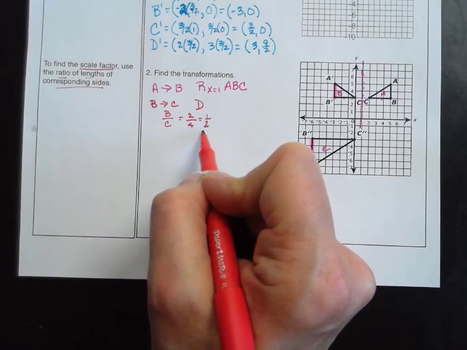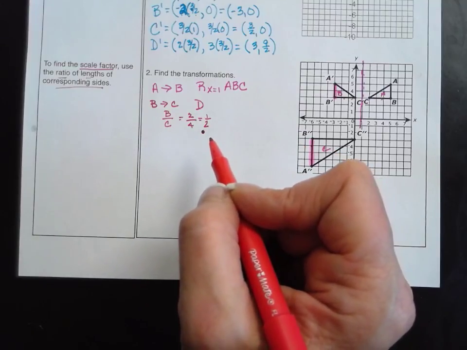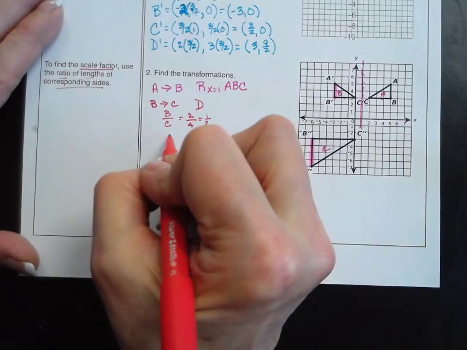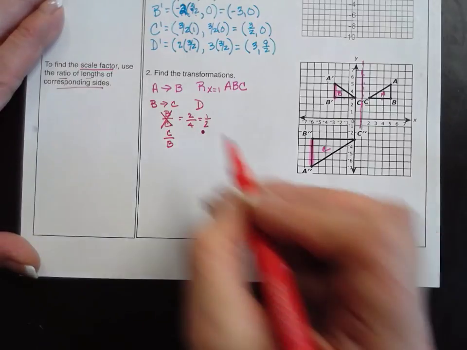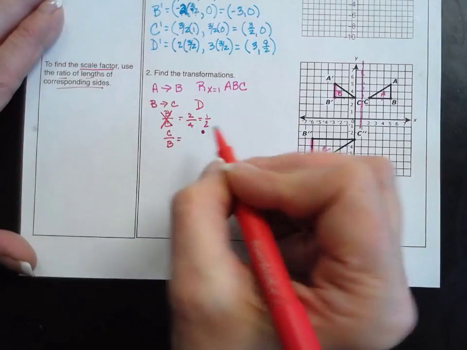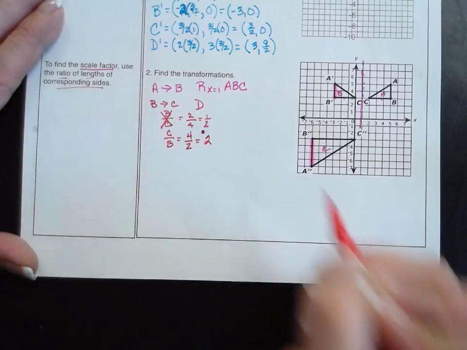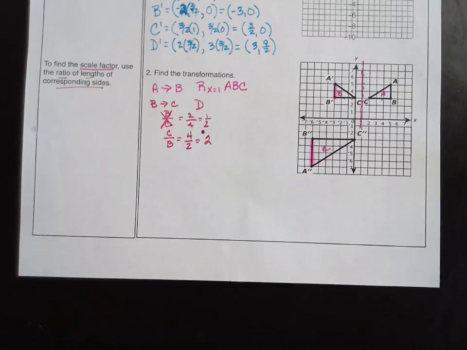So how do I have to write my ratio to show it as an enlargement? 2/1. So I need to do my scale factor not as B over C, but as C over B, because then I would be 4:2, which would give me a scale factor of 2. So I blew it up 2 times. Does that make sense?